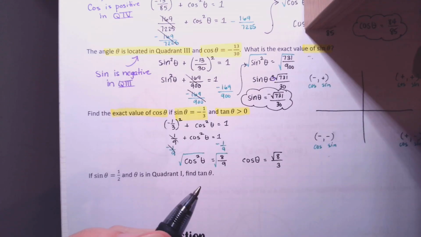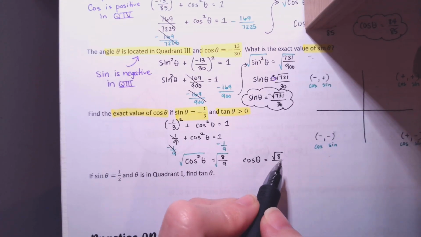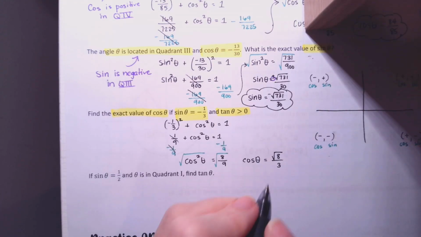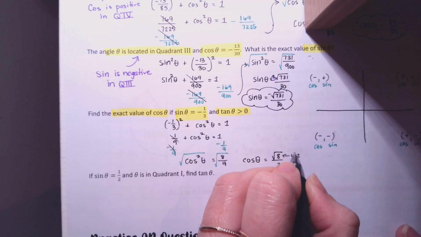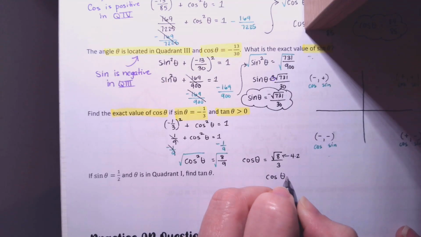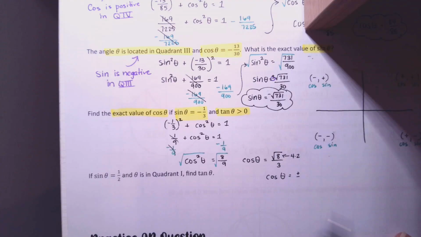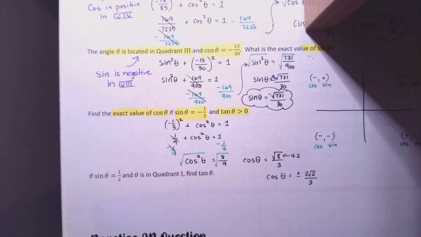And square root of 8 does actually simplify, because in 8 you have a 4 that is a factor, and the square root of 4 can come out as a 2. So you would have 4 times 2, which means square root of 4 will come out as 2, and 2 will stay. So not final answer yet, you still got to figure out, is it positive or negative? 2 square root of 2 over 3.